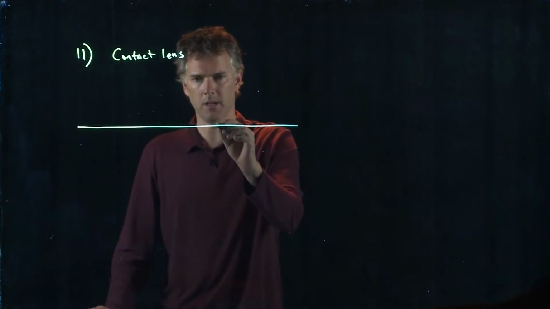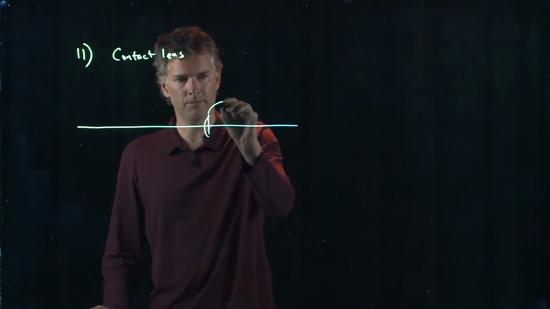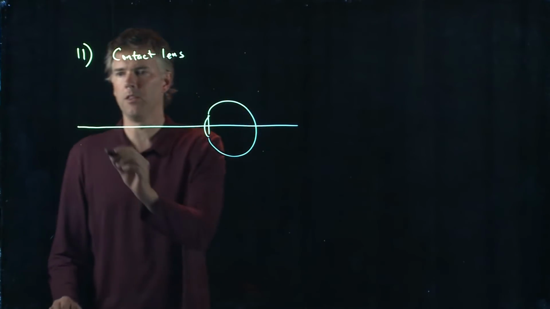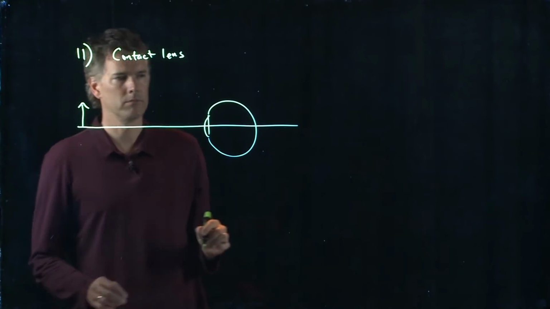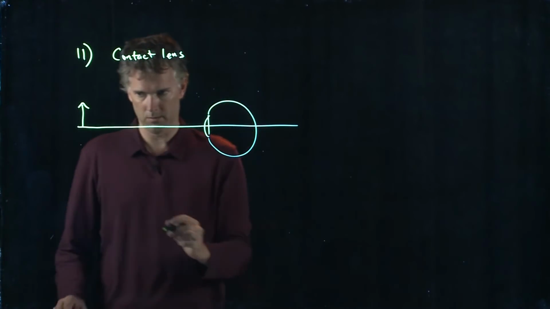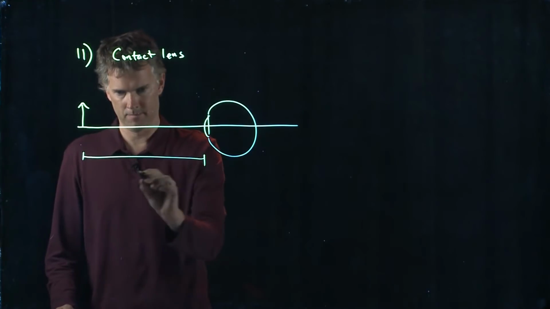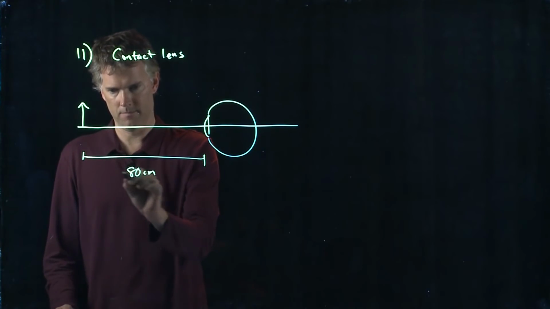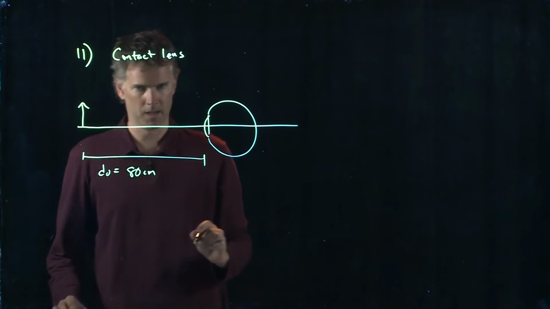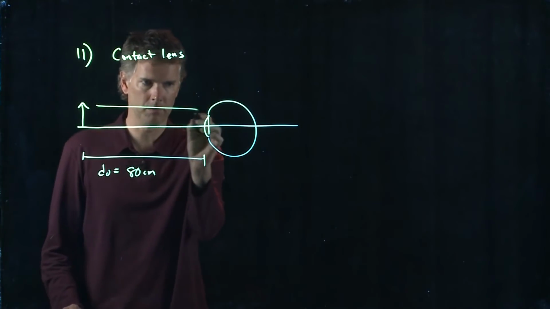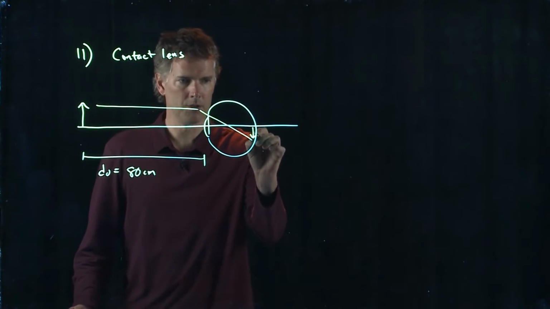So let's draw the issue here. Here's her eyeball, and she can see things that are 80 centimeters away, no problem. Okay, which means that she can focus that image onto her retina.